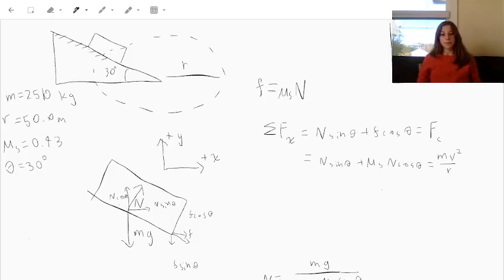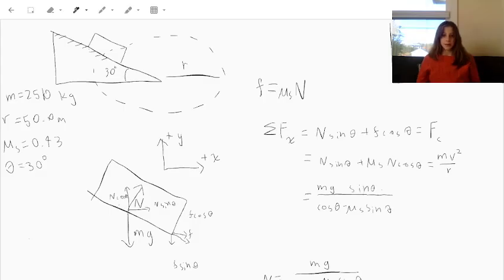Now let's substitute what we figured out for n. So that's going to be equal to mg divided by cosine theta minus mu s sine theta, and it's going to be n times sine theta, so this is our n, multiplied by sine theta.